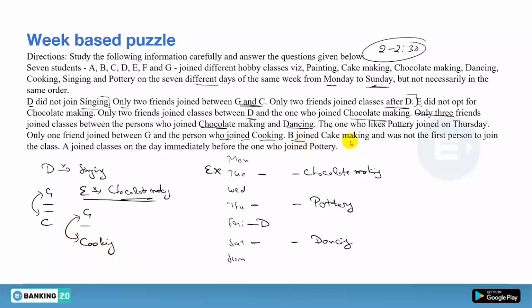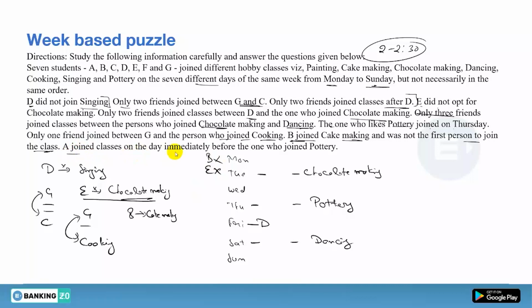Next, B joined cake making and was not the first person to join the class. It means B can't be on Monday, that is for sure. So B can be on Wednesday or Sunday. There are 2 possibilities, but right now I can't decide because we have only one last statement left. So we note that B must join cake making, but B can't be on Monday.